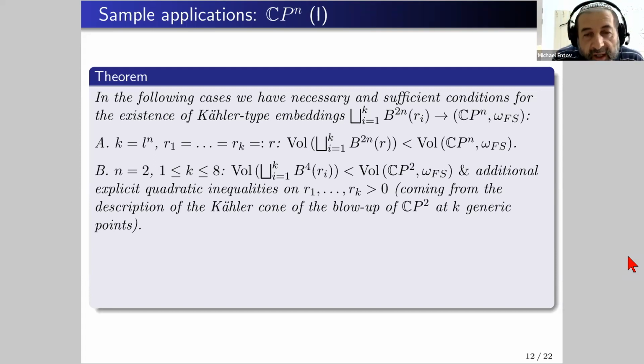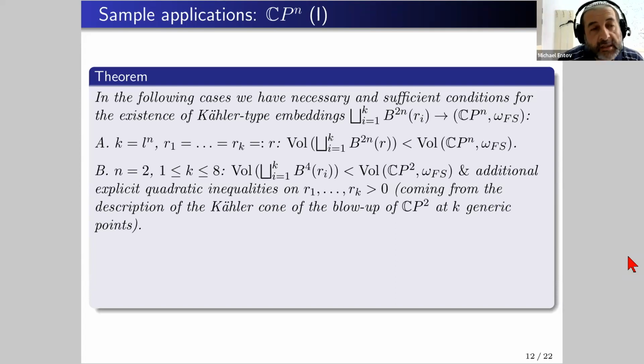Okay, so these are the two cases. One case is when you have l^n equal balls, where l is just an arbitrary natural number and n is the dimension of CP^n. The other case is we're going to consider embeddings of up to 8 possibly different balls into CP^2. In the first case, the only restriction is the volume.